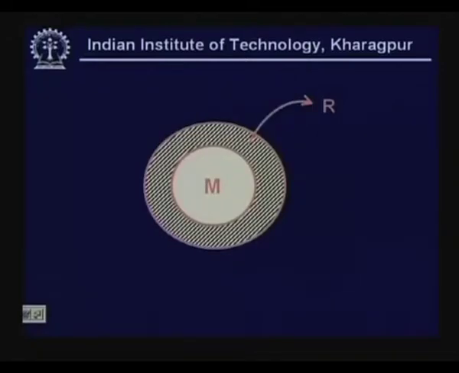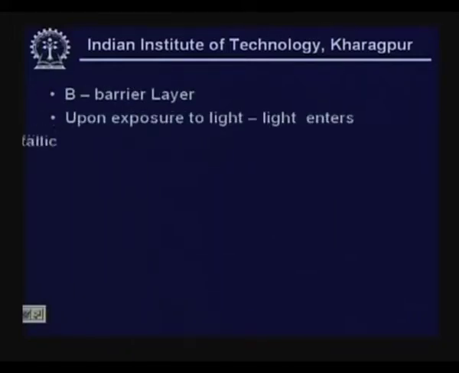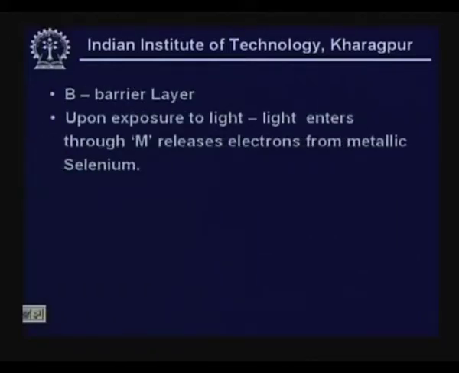One could see the top view. The R is opaque, whereas M is transparent. This is the top view, and that is how the current is collected between P and R. B is the barrier. On exposure to light, light enters through M, releases electrons from selenium.